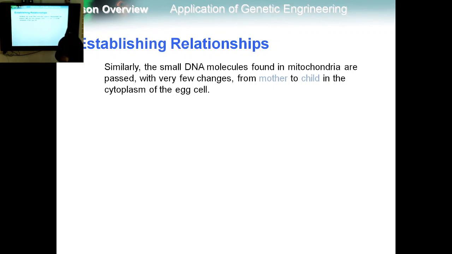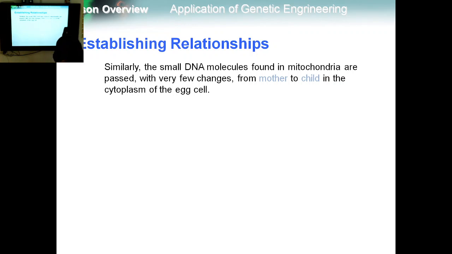Another thing that can pass from the mother to the child directly without any help from the father is called the mitochondrial DNA. The mitochondrial DNA is passed from the mother to the child because it's already found in the egg cell of the mother, in the cytoplasm of the egg cell, and it's not found in the sperm, okay? So it's found just in the mother's DNA. In this case, it will be passed to the offspring.